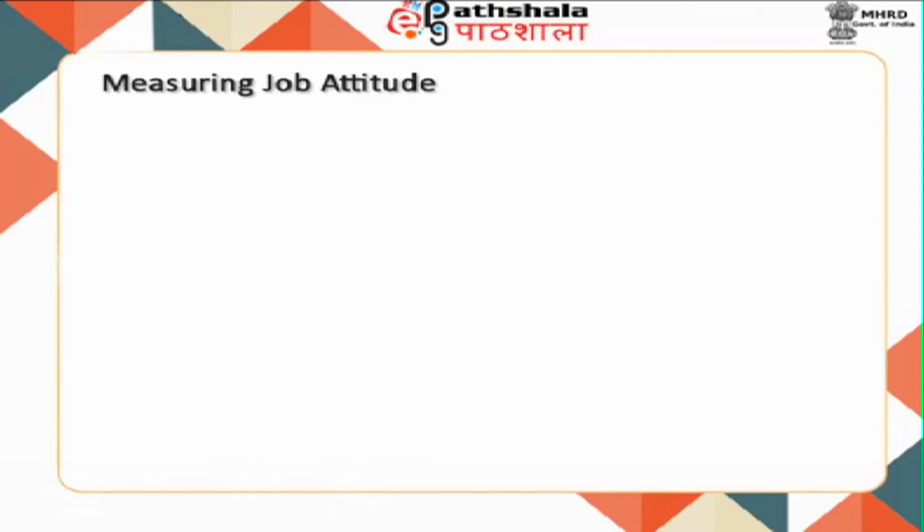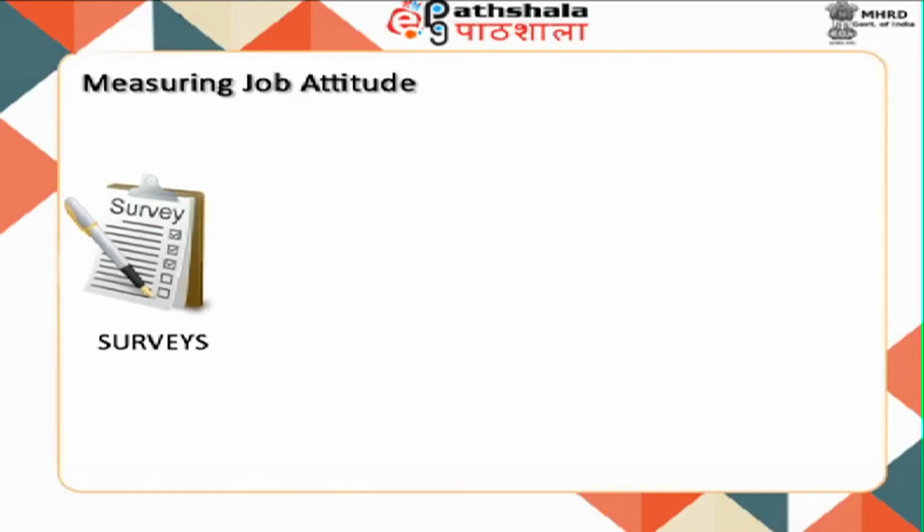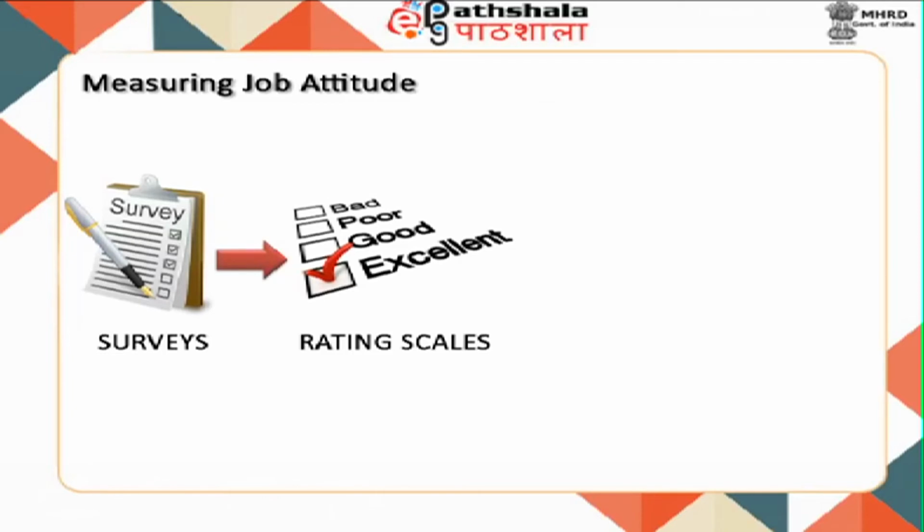Measurement of job attitudes is generally carried out with the aid of attitude surveys, that is, job satisfaction surveys, employee engagement surveys, etc. The characteristic attitude surveys have a set of statements in the form of questionnaires, and they need to be responded to by the employees. The responses are earmarked with rating scales indicating the extent of agreement or disagreement.